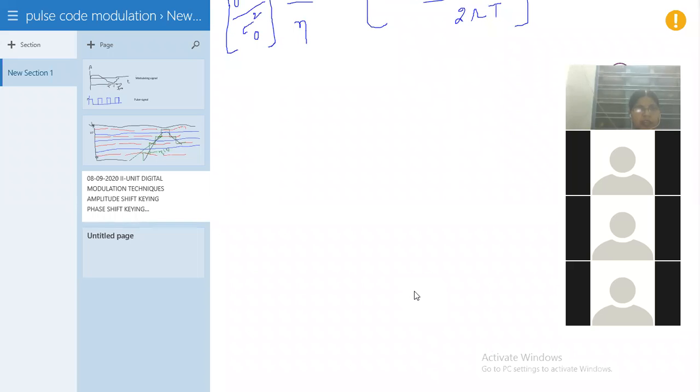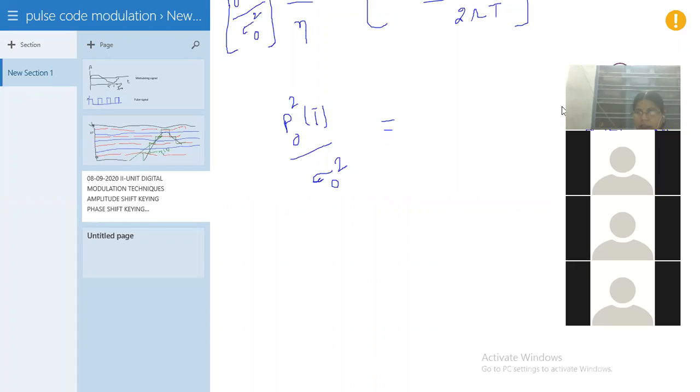Okay. So here P naught square of t divided by sigma naught square attains maximum value when 2 omega t equal to 3 pi by 2. So here 2 omega t equal to 3 pi by 2.